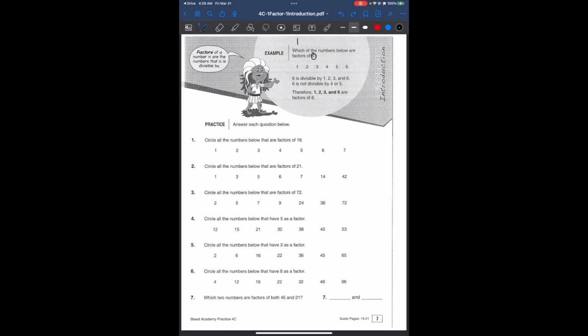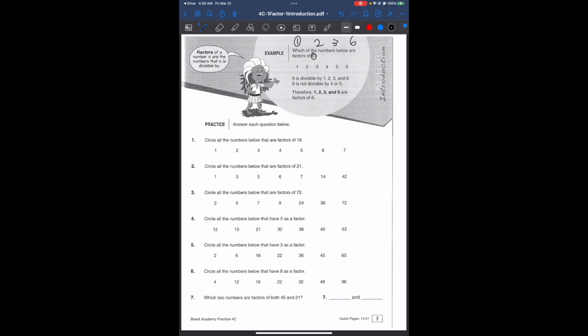And if we have 1 as a factor, then that means itself is also a factor. So basically, as a default, any number has two factors, 1 and itself. Then we're looking for other numbers that the number can be divisible by, and that would be 2 and 3.